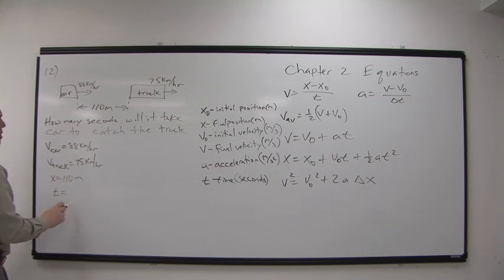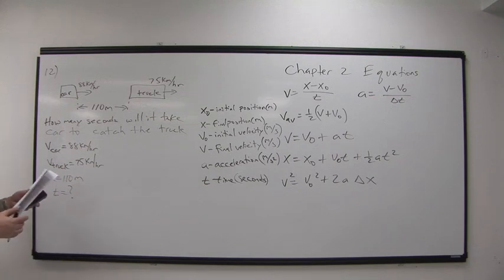What I'm looking for is a time. So we start out by listing everything we know and what we want to find. Now we need to check our units. As I said before, the units we're going to be using are kilograms, meters, seconds. So these two numbers aren't going to work, and we need to change them from kilometers per hour to meters per second.